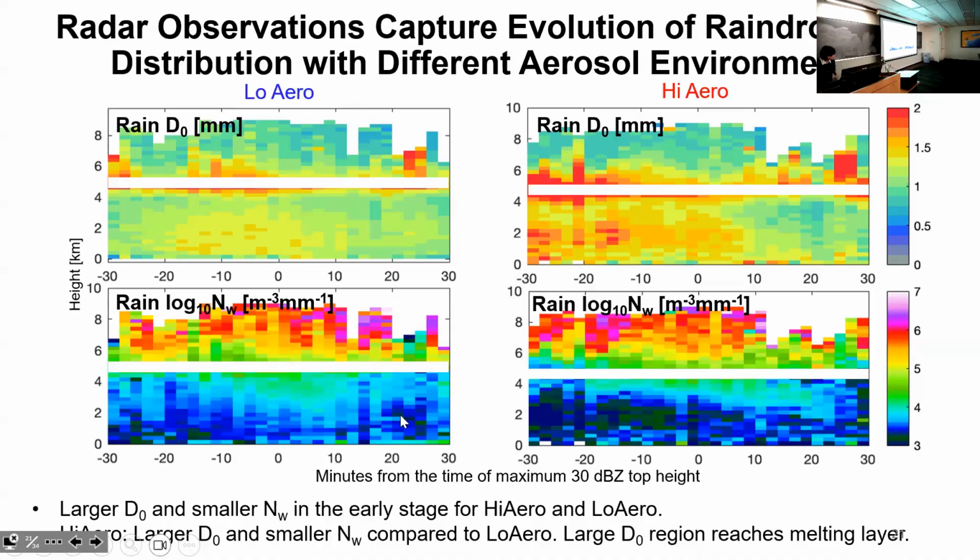These differences are particularly clear in the early stage before approaching the higher cloud top height. And also the large D0 region is extended a little bit to the higher altitude until the melting layer.